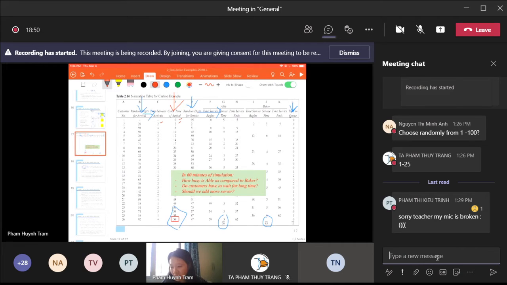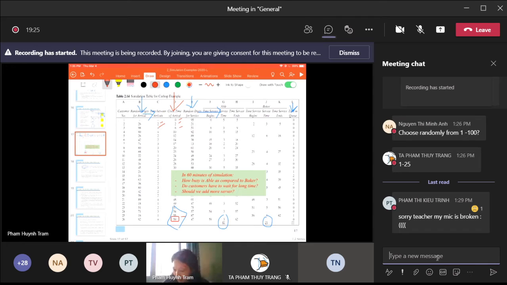The third customer arrived 4 minutes after the second customer, so in our simulation clock it would be 6 minutes. We will stop when the simulation clock reaches around 60 minutes. We stop the simulation, and we will evaluate the service of Baker and Able and the waiting time of the customer for these 60 minutes or 1 hour of operation.